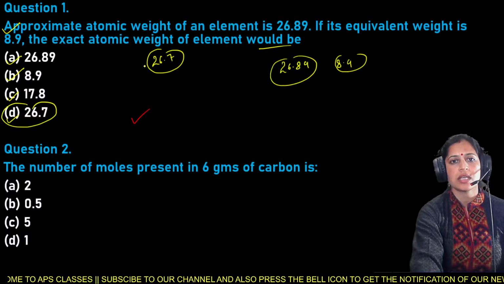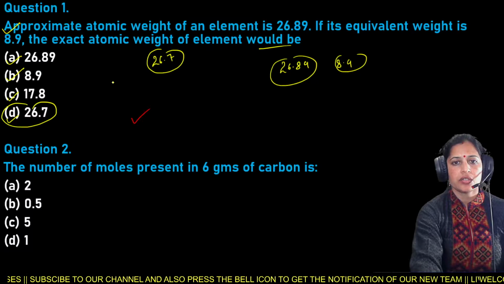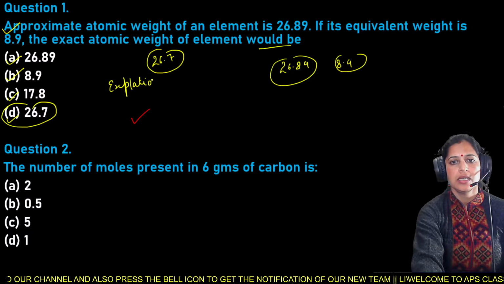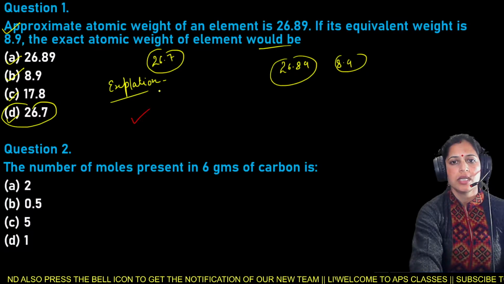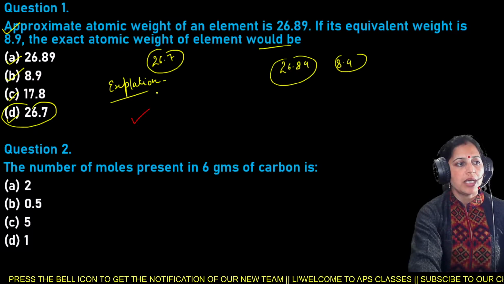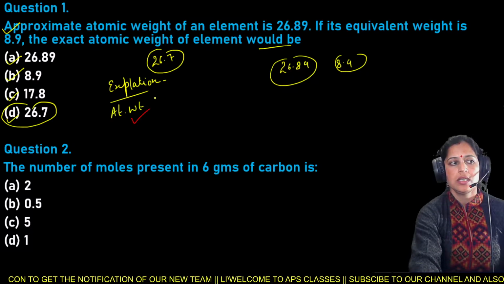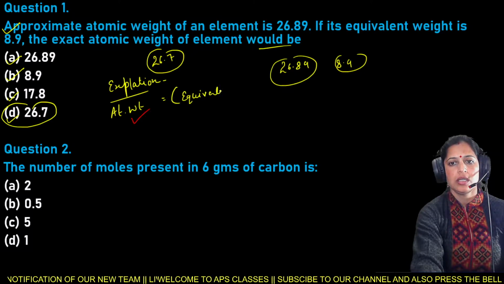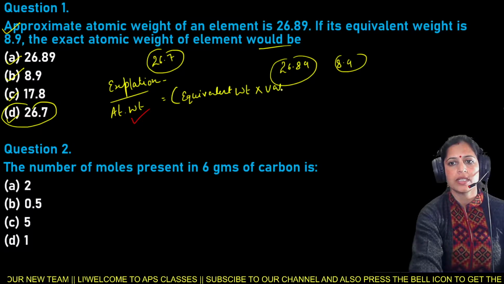How can you say that the exact atomic weight of the element would be 26.7? Atomic weight is equal to equivalent weight into valency.